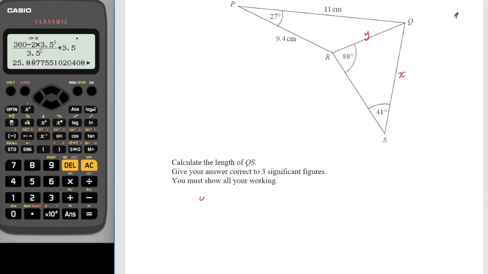So y squared is going to be equal to 11 squared plus 9.4 squared minus 2 times 11 times 9.4 times cos of 27.